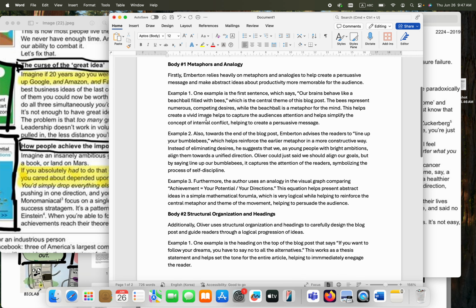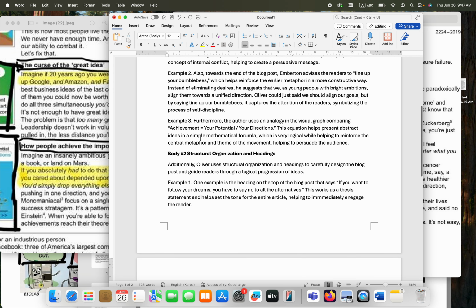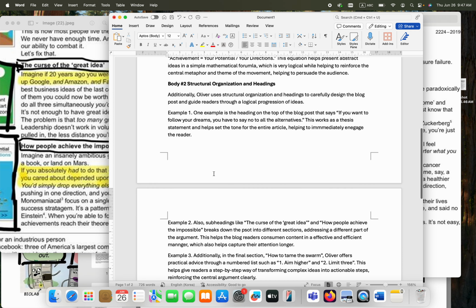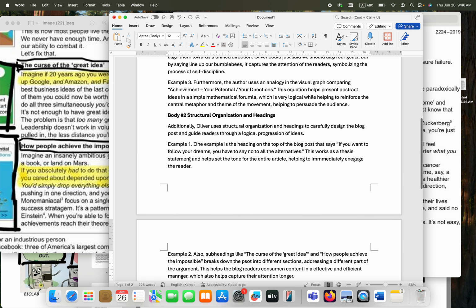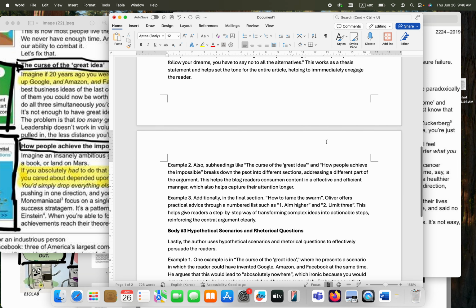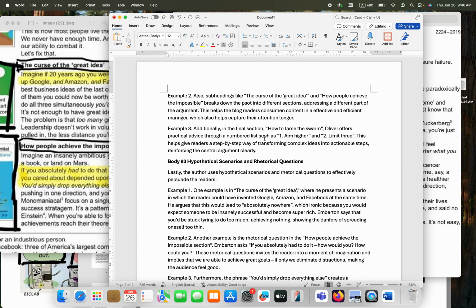So we talked about metaphors and analogy, gave 3 examples. Body paragraph 2, structural organization and headings. Again, 3 examples. Make sure to just mention what you're going to talk about. Well, of course, don't write this one right here. Just start by saying this additionally, right? Use a lot of transition words. And then additionally, furthermore, also, lastly, overall.